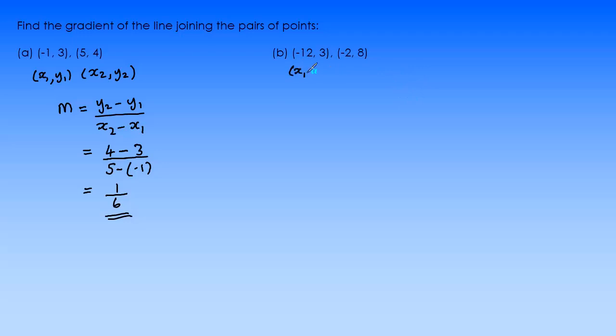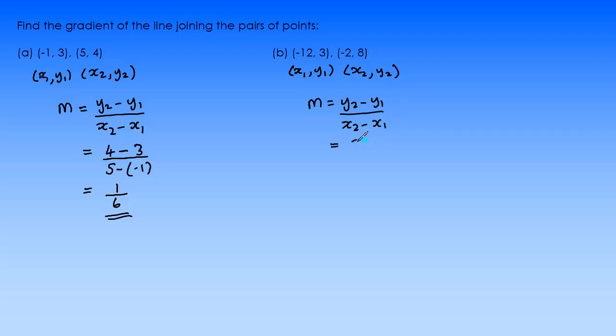Here let's this one be x1 and y1, this one be x2 and y2. Then we know the gradient is y2 minus y1 over x2 minus x1.